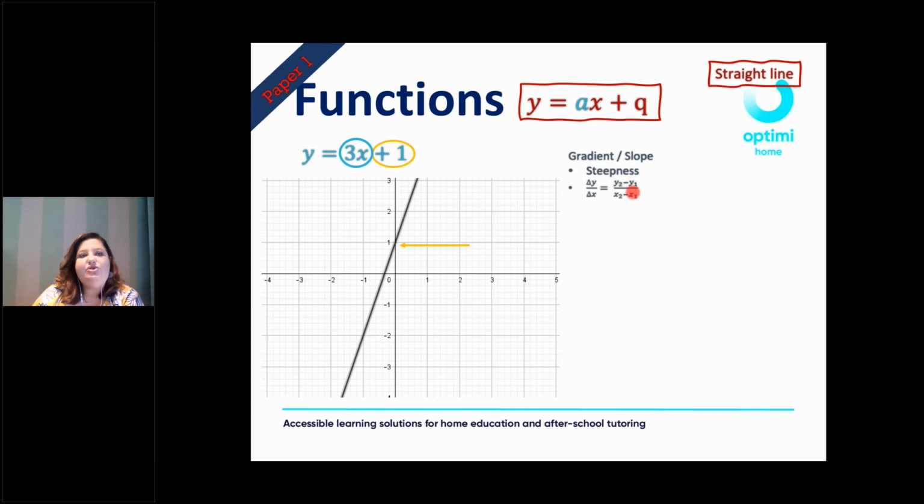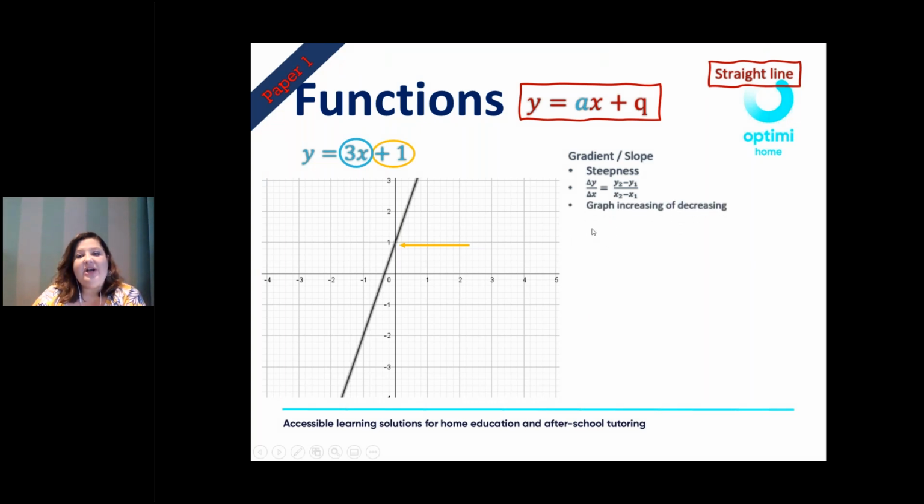So you can take these 2 pairs of coordinates and you can say the one y minus the other y over the corresponding x value minus the corresponding x value over there. And you will actually get to your gradient. In this case, your 3. We don't have enough information to just calculate it right now, but this is for you to know that you can actually calculate your gradient.